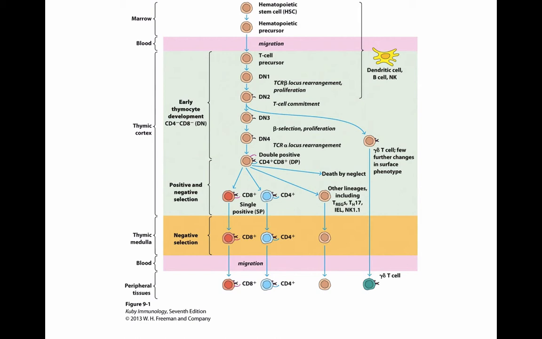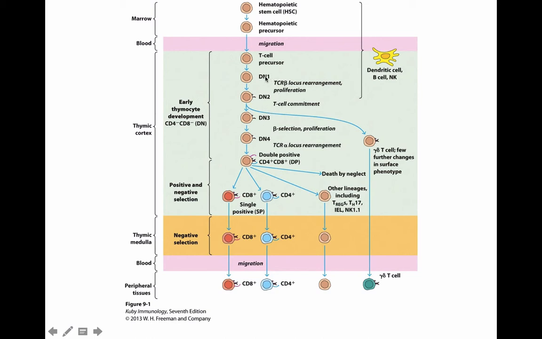So now these T cell precursor cells at this point are called double negatives because they do not express either CD4 or CD8. At this point, they're going to go through a lot of TCR, T cell receptor, beta locus rearrangement and proliferation. So they can be multiplying throughout these steps.